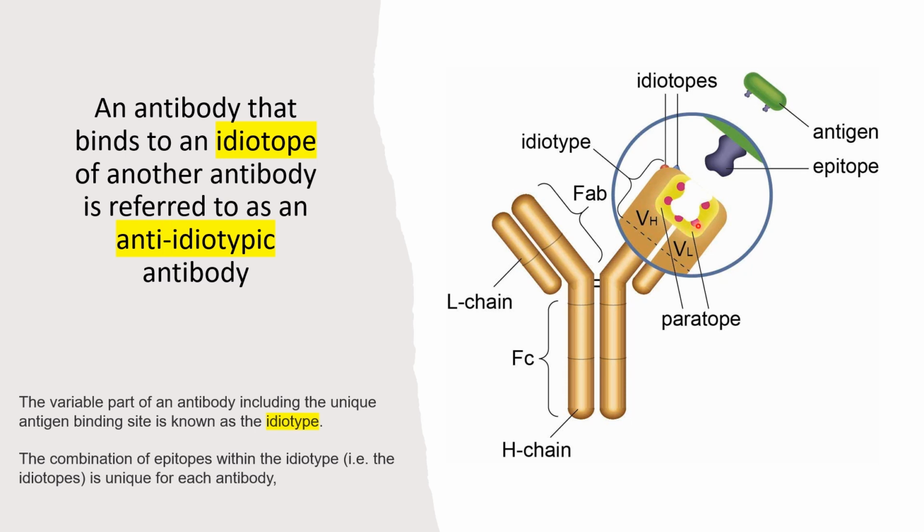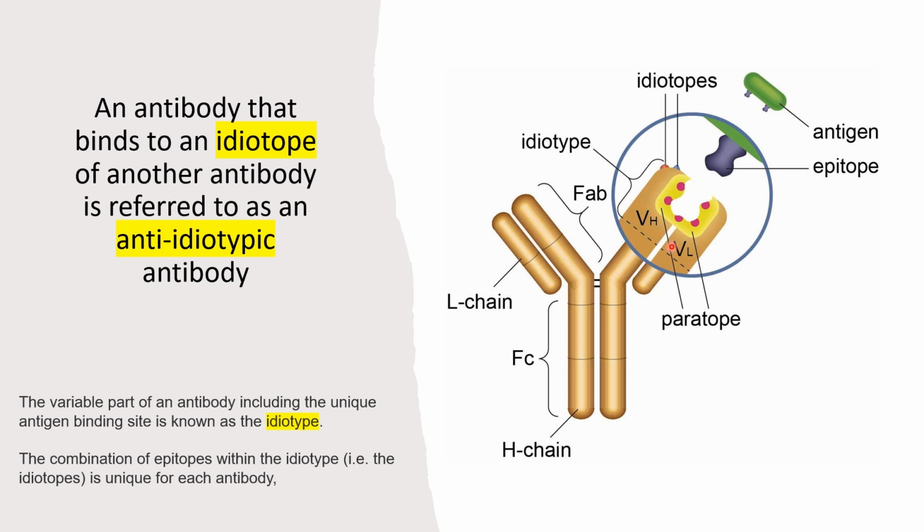And in order to do that, we need to make anti-idiotypic antibodies, and then we can use them as a tool to measure over time the disappearance of our therapeutic antibody, and to measure the distribution of this antibody in our body.